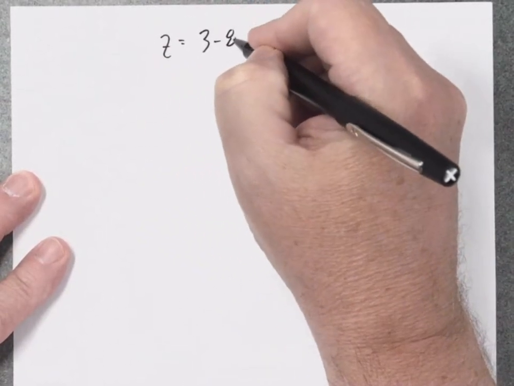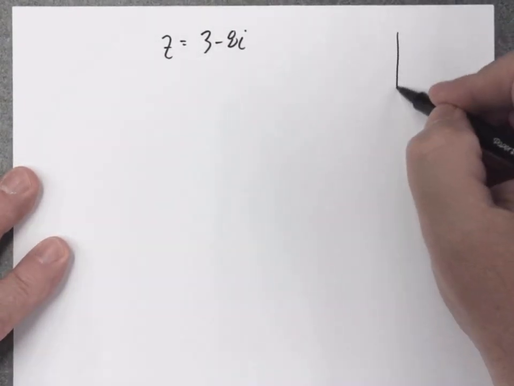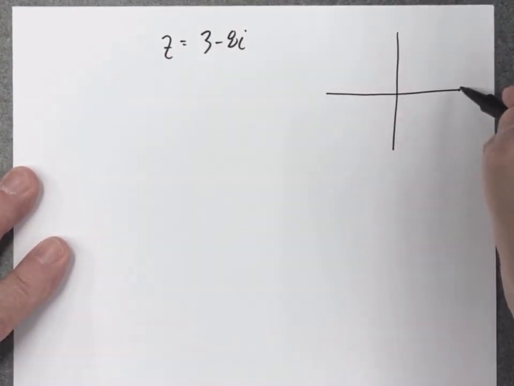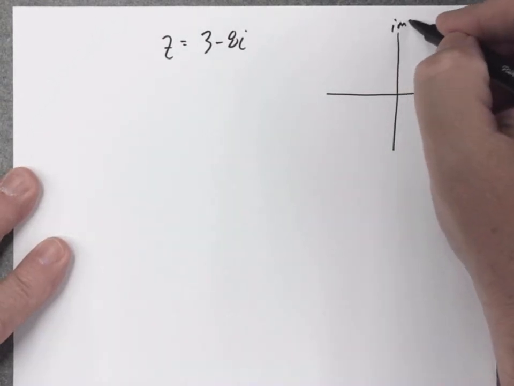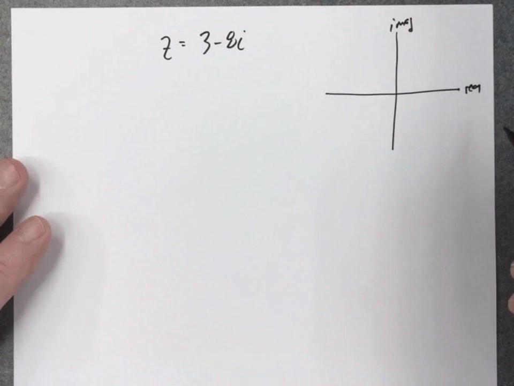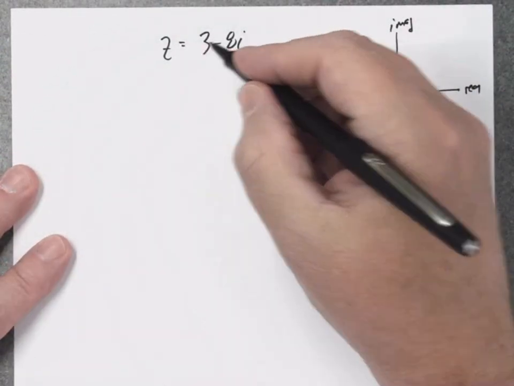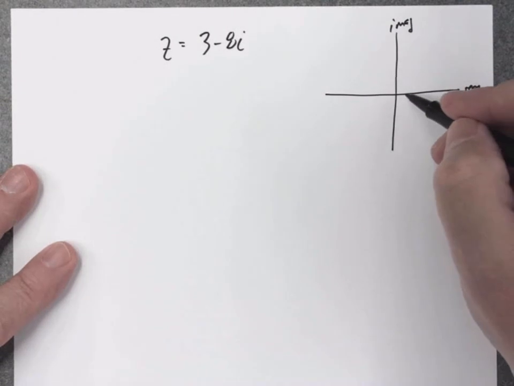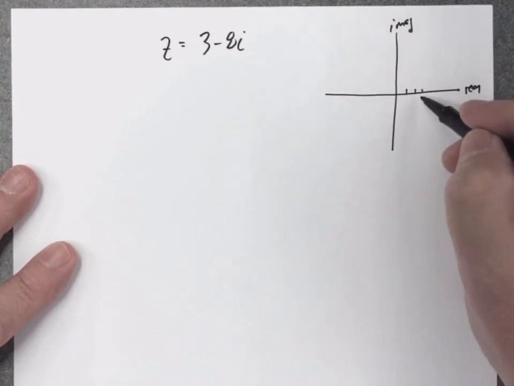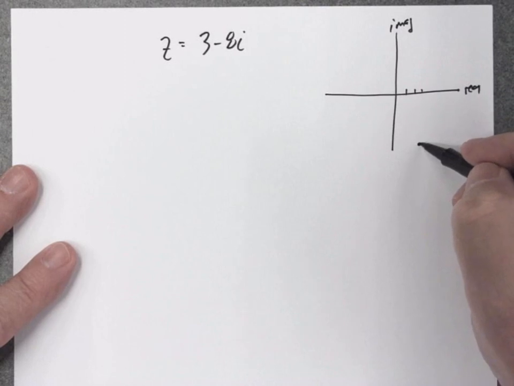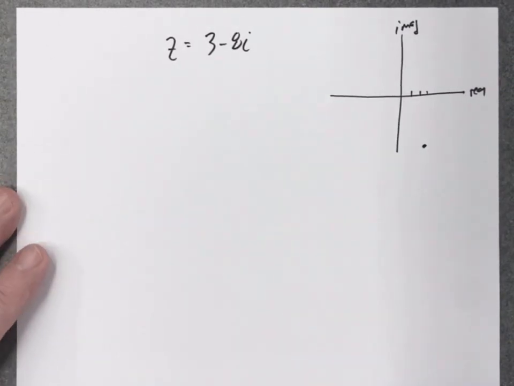So here is a complex number in rectangular coordinates. The real part is 3. The imaginary part is negative 8. So we're still down here, like all these problems end up being in quadrant 4 for some reason.